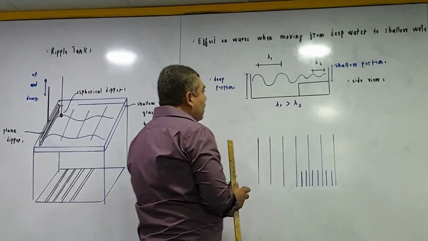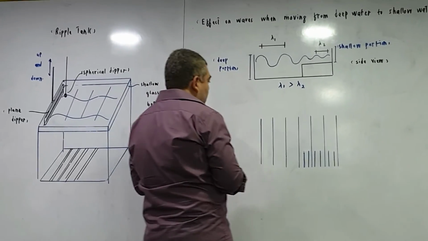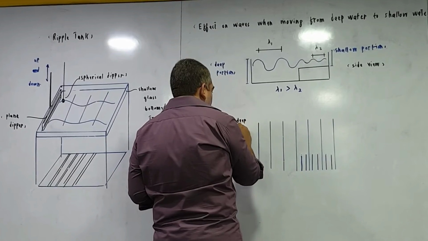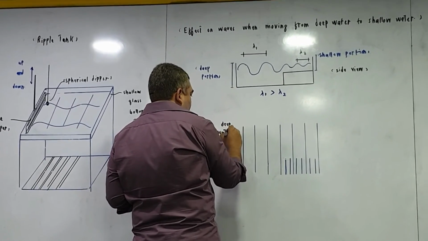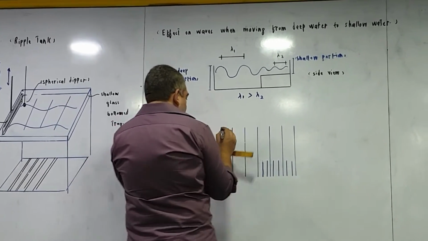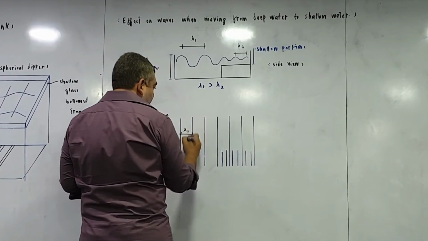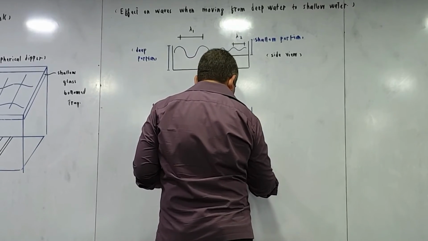Like this. इसका मतलब है this is deep water. The wavelength is lambda 1. This is shallow water.